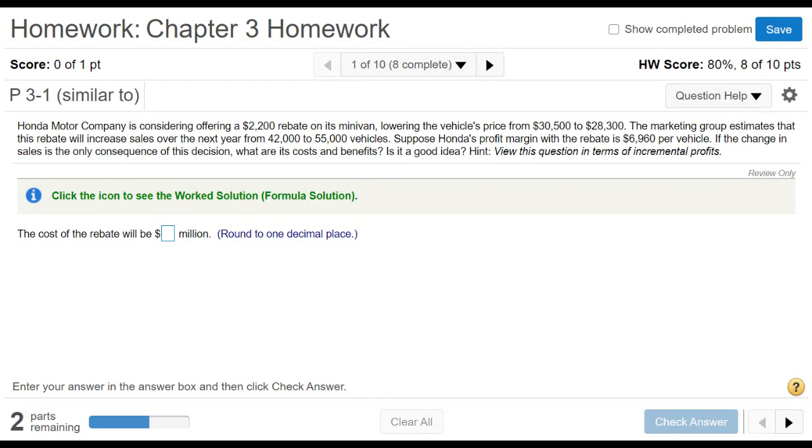So they're offering a rebate, an incentive, to sell more cars. They usually sell 42,000 cars in a year, right? So the rebate is going to cost 42,000 times 2,200. What's the answer to that?